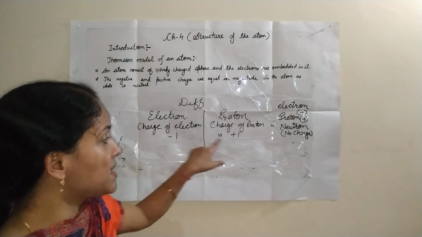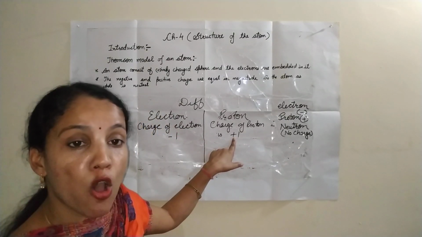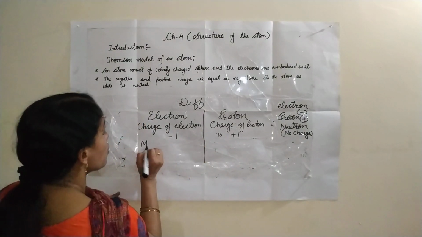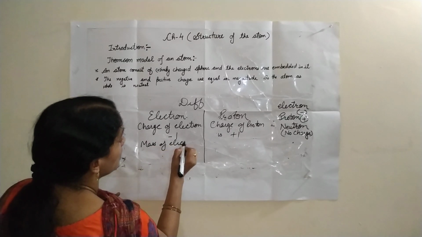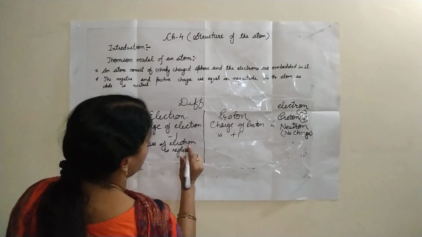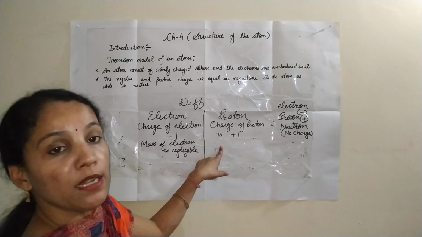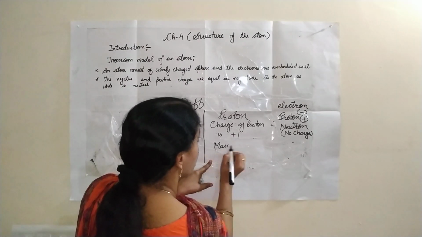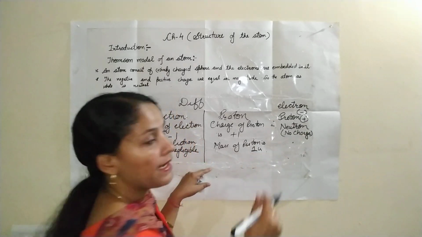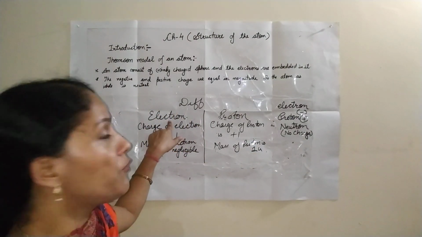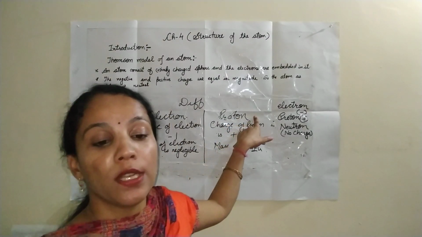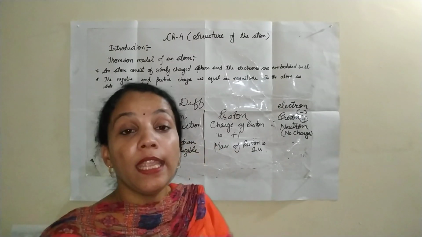Both sides' charges are the same in magnitude. The difference is only of their charge. Here is the positive and here is negative. Mass of electron is negligible. On the other hand, mass of proton is 1 unit. And the next difference is the discovery of electron is given by Sir J.J. Thomson. On the other hand, the discovery of proton is given by Sir E. Goldstein.